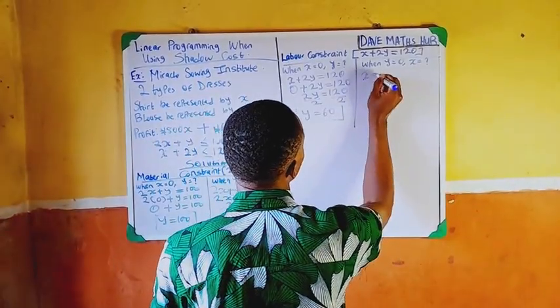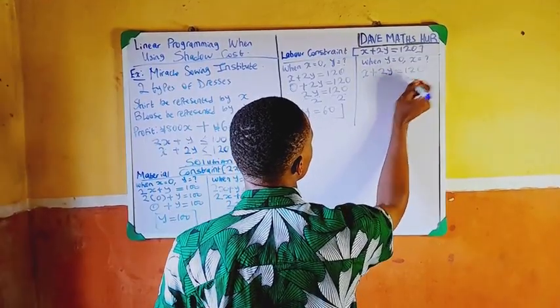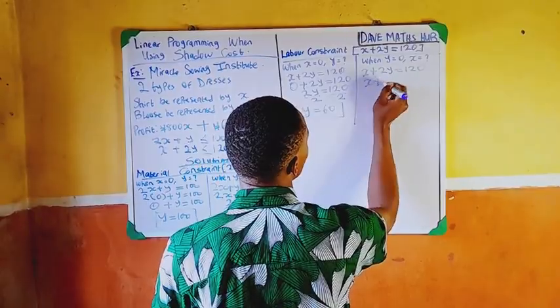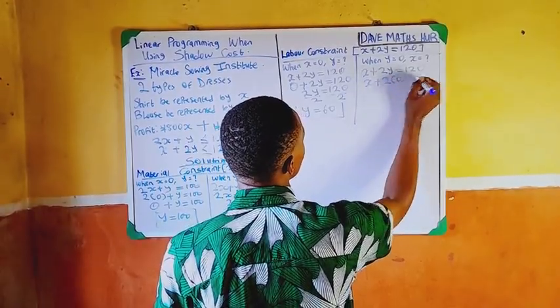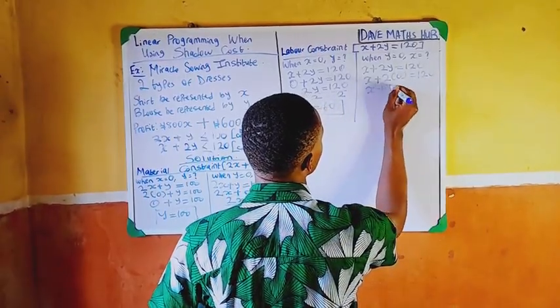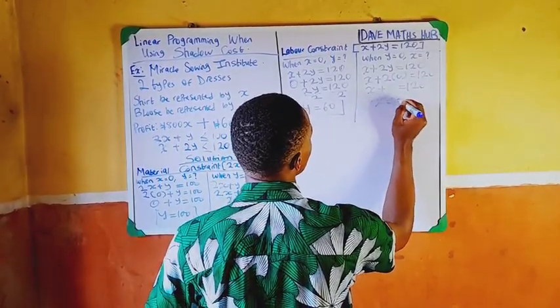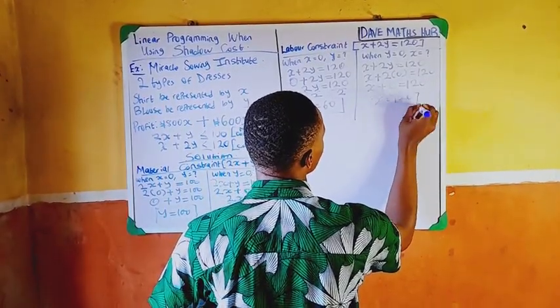This is x plus 2y equals 120, x plus 2 open bracket 0 equals 120, x plus 0 equals 120, x equals 120.